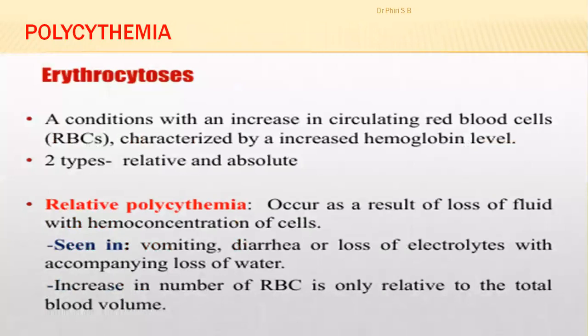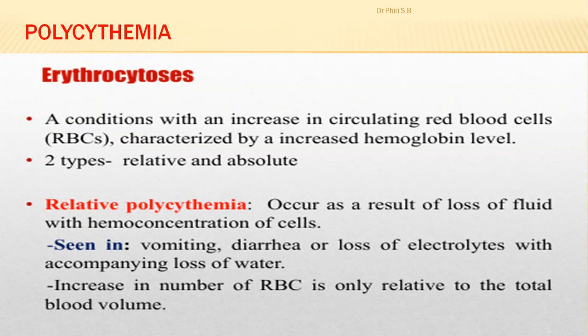Erythrocytosis is a condition with an increase in the circulating red blood cells characterized by increased hemoglobin level. So the concentration of hemoglobin is going to increase, and also the number of red blood cells is going to increase. You expect that the total red blood cell count is going to increase, and also the hematocrit is going to increase.